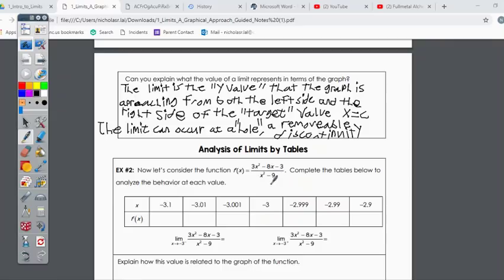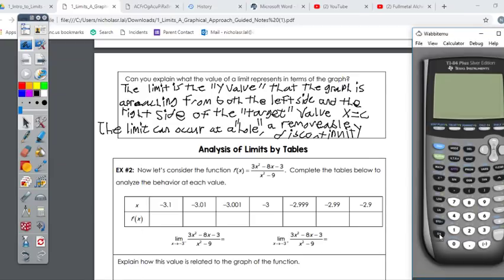What we can do is get our calculator and put in the function 3x squared minus 8x minus 3 divided by x squared minus 9.